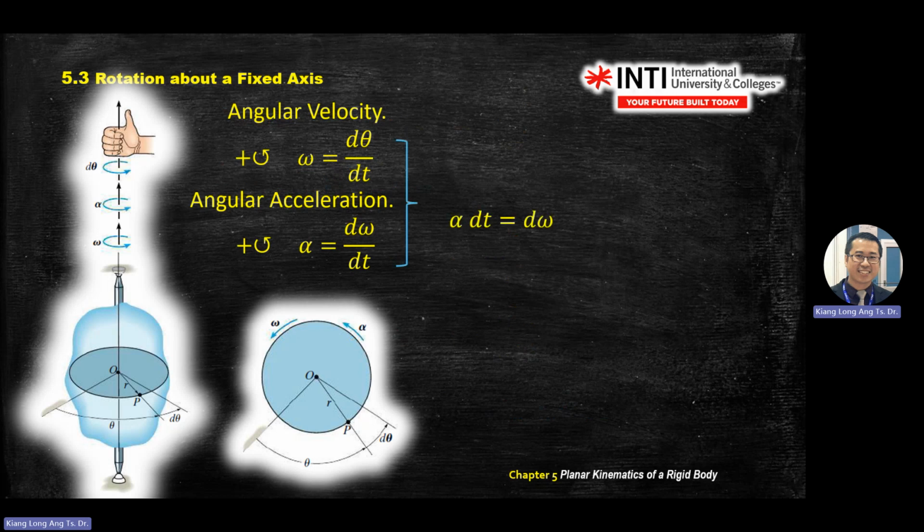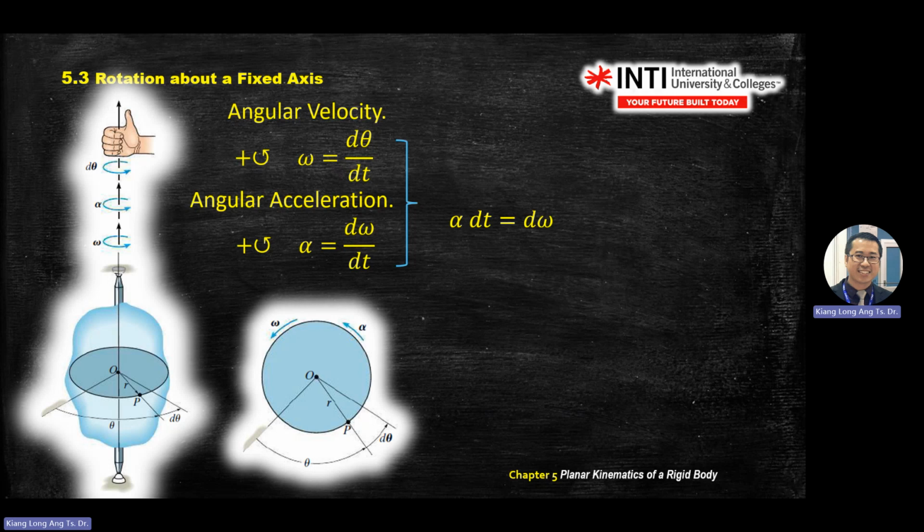Again, from what you learned in chapter 1, you are able to link a equal to dv dt, v equal to ds dt. You freeze the time, write dt equal to dv over a, dt equal to ds over v. So you arrive at a ds equal to v dv.